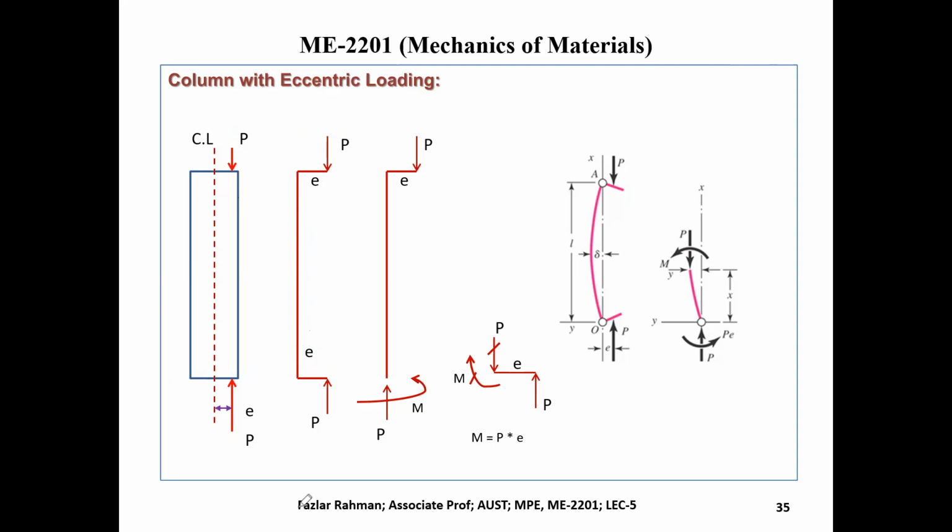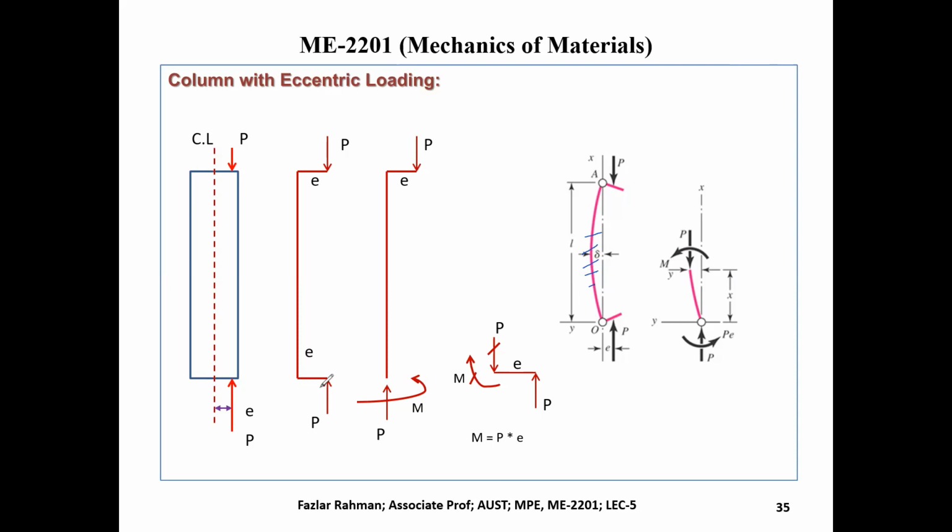But how much is the reaction of your feet, of your bone, that will be the internal load. So we need to figure out why the column is bent, because at different sections there is some internal bending moment working. That's why it is bending. But besides bending moment, there is some extra thing working, so that also we need to figure out.